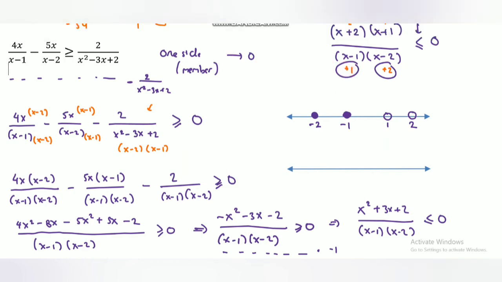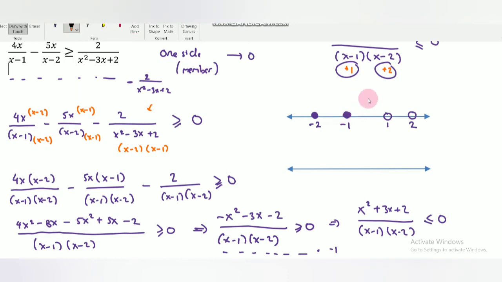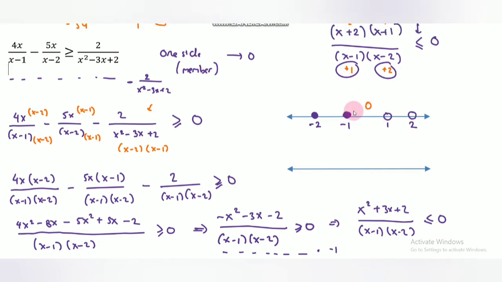So the last thing that we need to do is testing the area, but I will do the second approach again. I just want to test one area, which is where 0 is, so I will test this area. Since we haven't modified anything, we just do subtraction and we don't cancel anything, so it's fine that we use the last one.